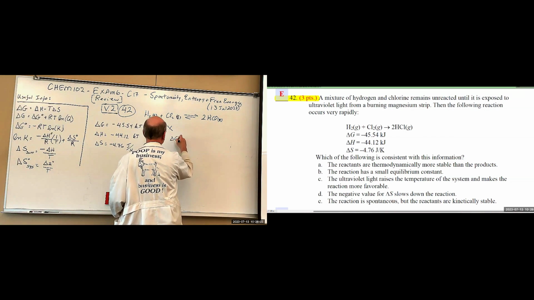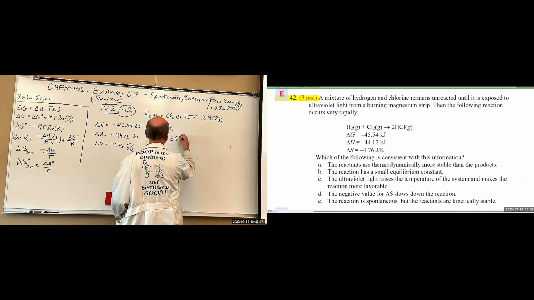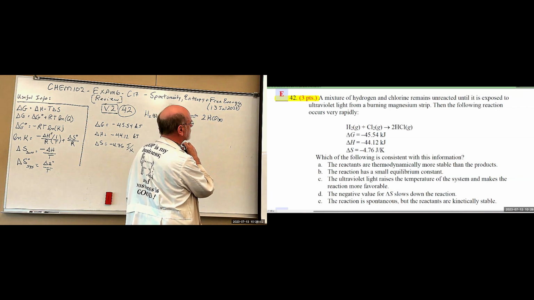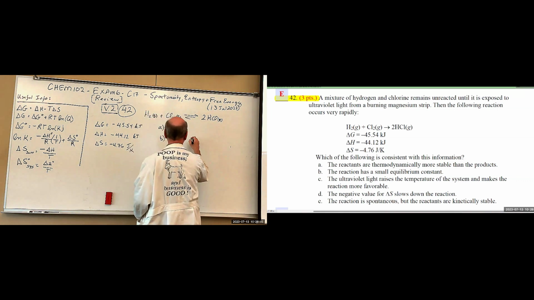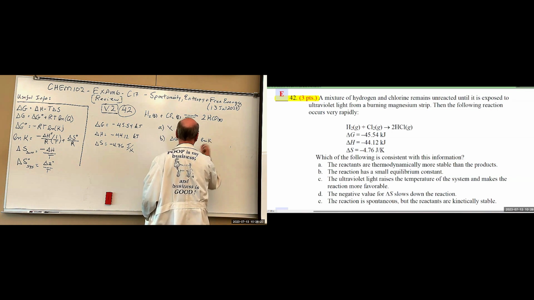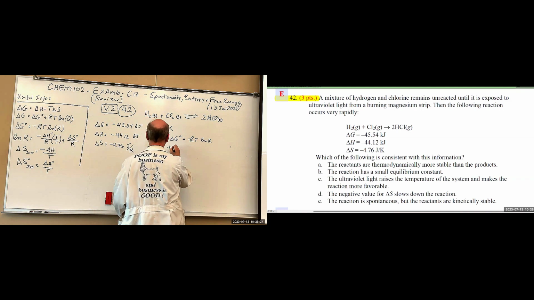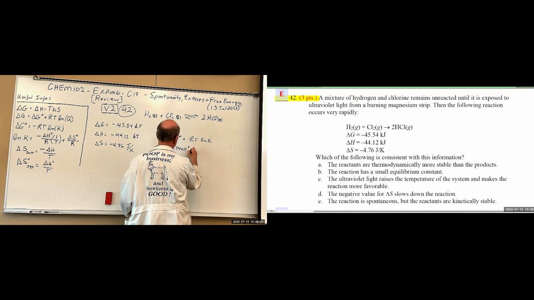Okay. Small equilibrium constant. So if delta G0 equals, is this at 25 degrees? I'm going to say we have to assume it equals minus RT log K. So this one is minus 45.54 times 10 to the third joules.